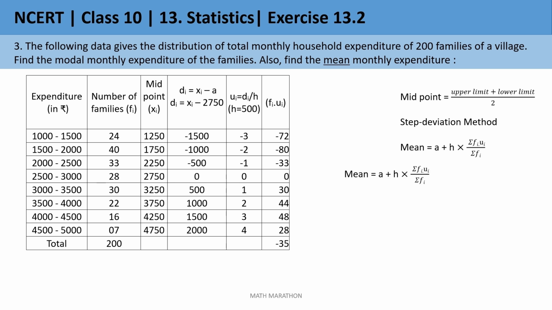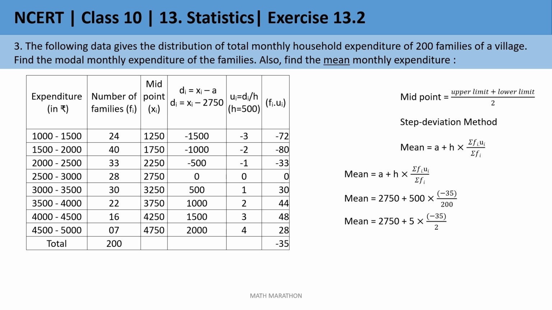Now, let us calculate mean. Mean is equal to A plus h multiplied by summation of fi ui divided by summation of fi. Mean is equal to A, which is 2750, plus h, which is 500, multiplied by summation of fi ui, which is minus 35, divided by summation of fi, which is 200.